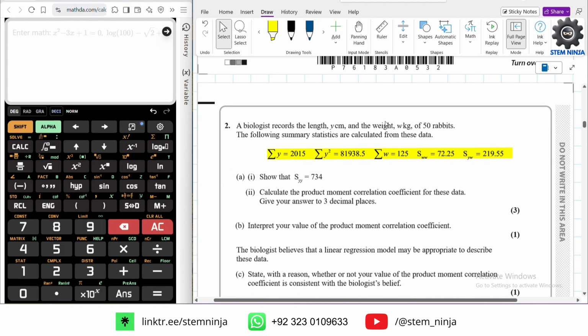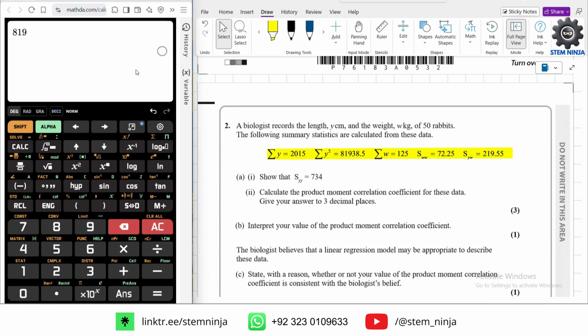You need to memorize these for faster processing. Sigma y squared is 819. Let's first write over here 38.5 minus the square of 2015 divided by 50. Okay. No. What am I missing over here? 819.